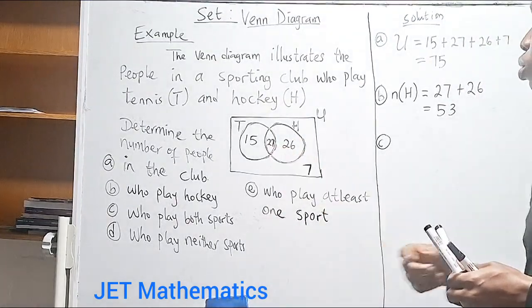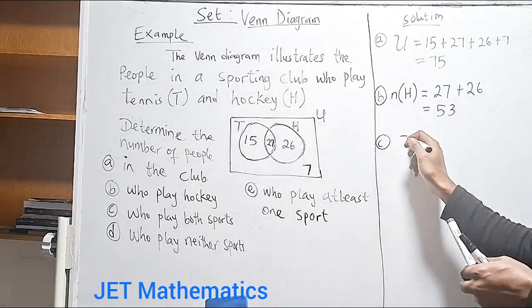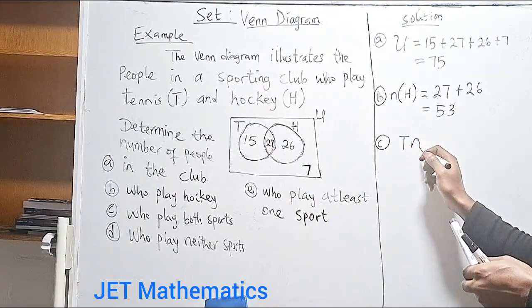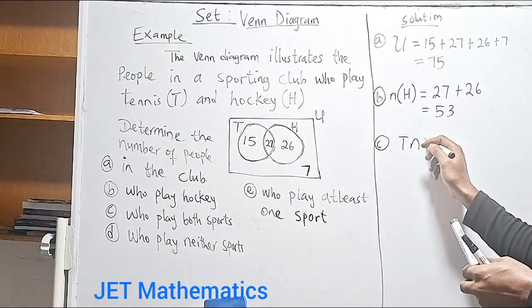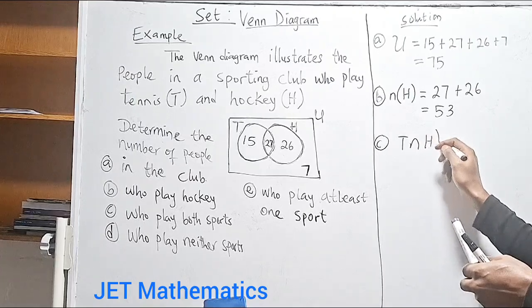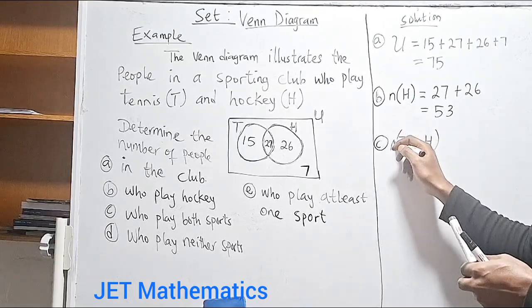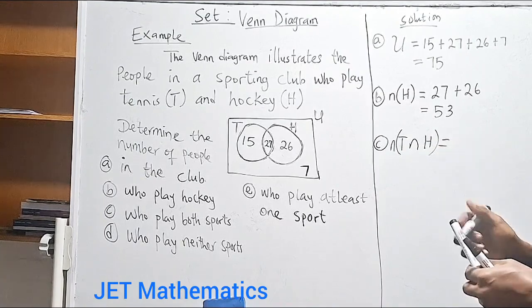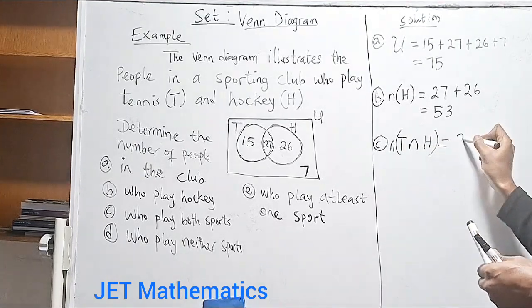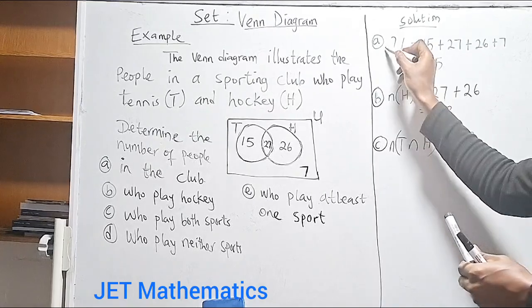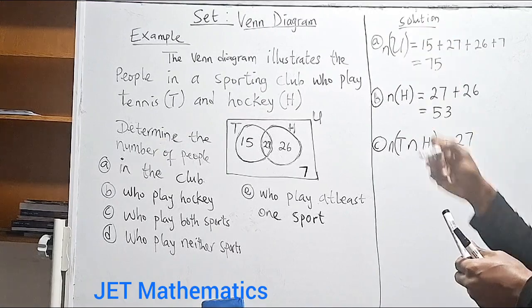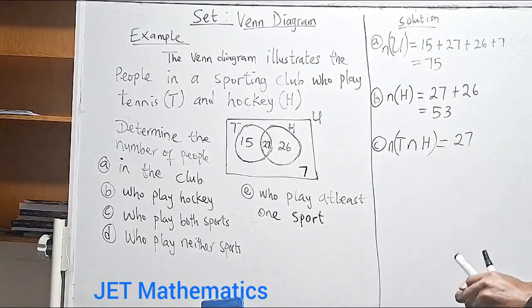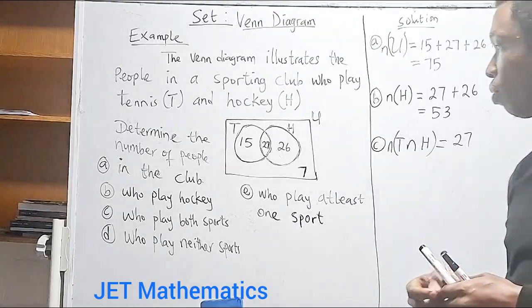These persons here are those who play both sports. So that is T intersection H. The cardinality of this set is equal to 27. So that gives us 27.